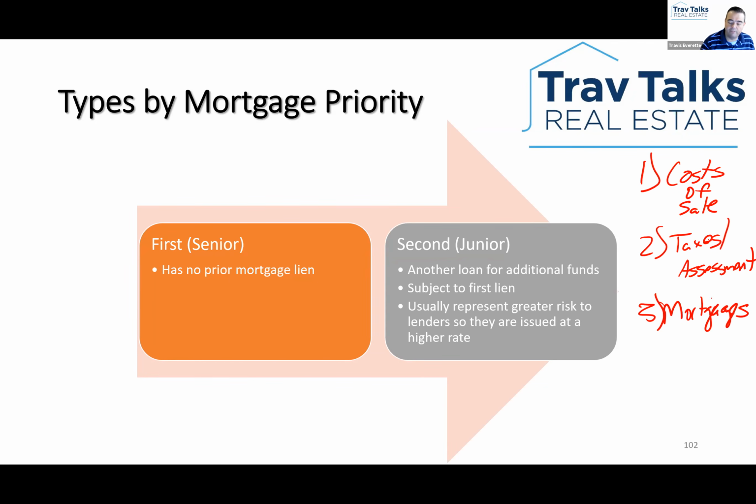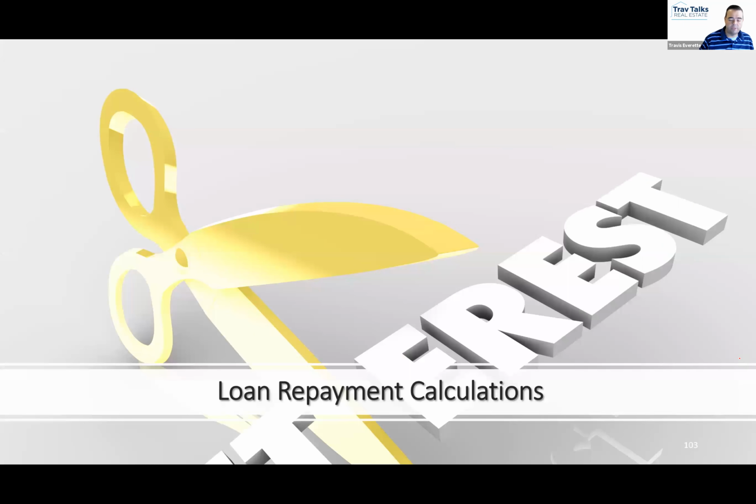But don't forget, if there are multiple mortgages, we need an A, B, C order here. The order is going to be the senior note, the oldest one, gets paid first, and then the junior ones get paid after that. Does that make sense for everybody? Yep. Okay. So that's priority.